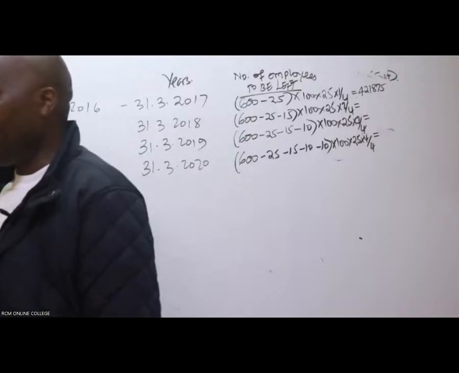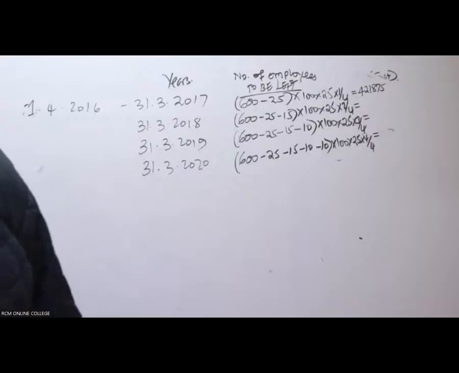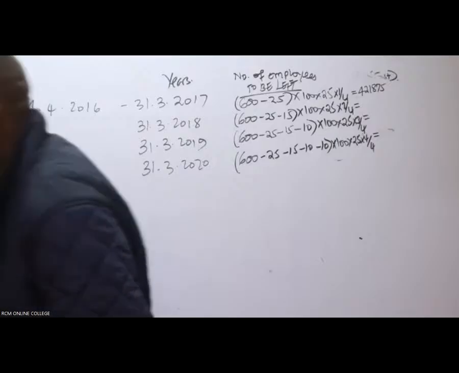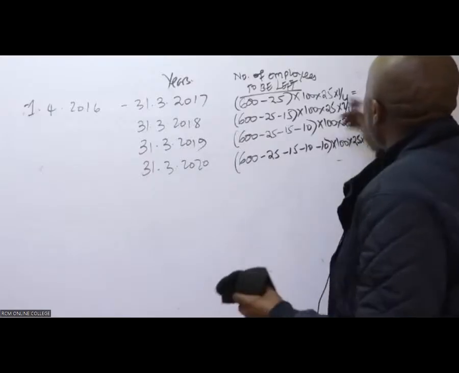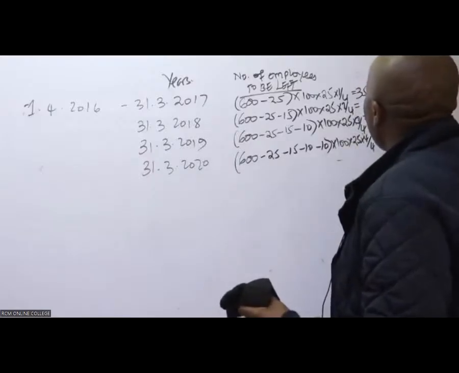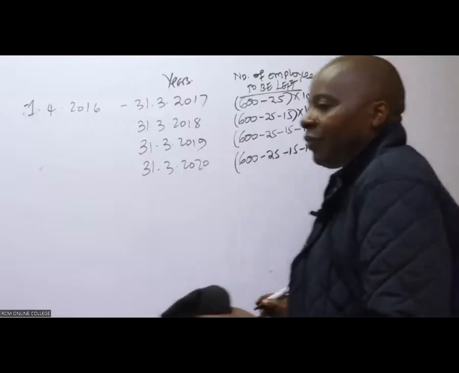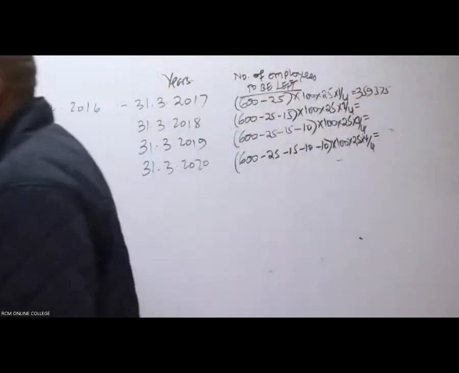Oh, Abraham has given me a different figure, 359,375. Let's check again. 359,375. Thank you very much.